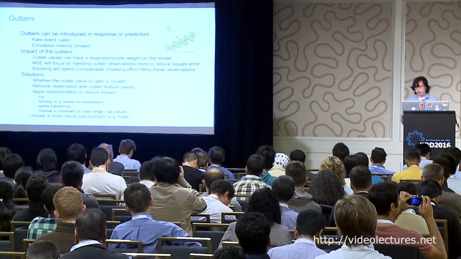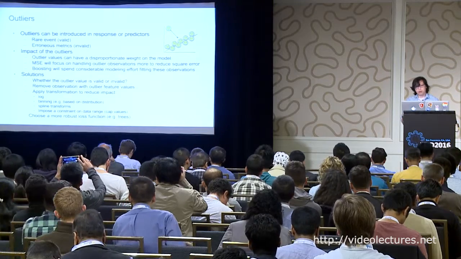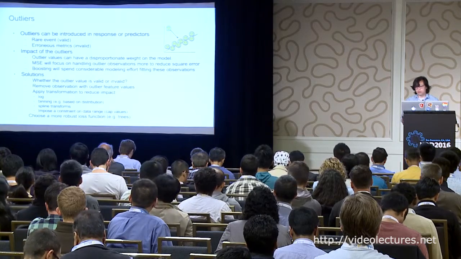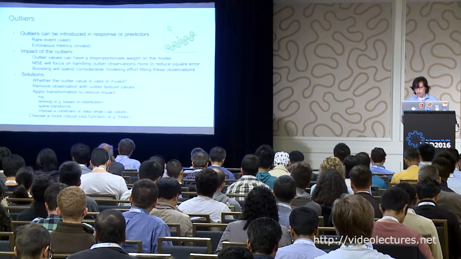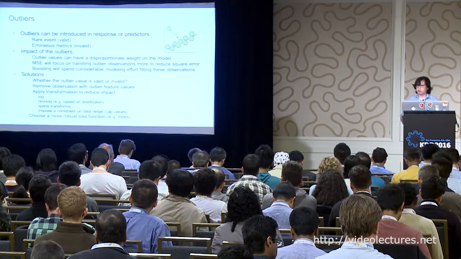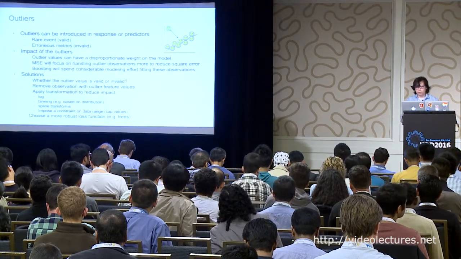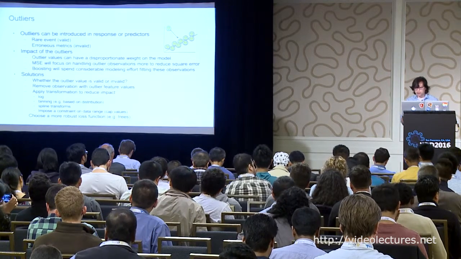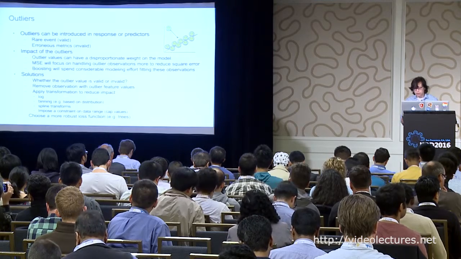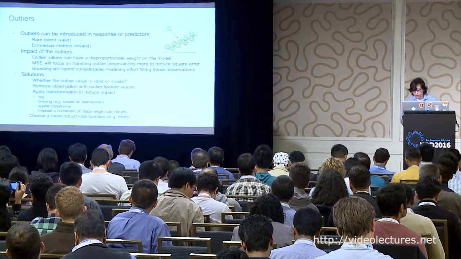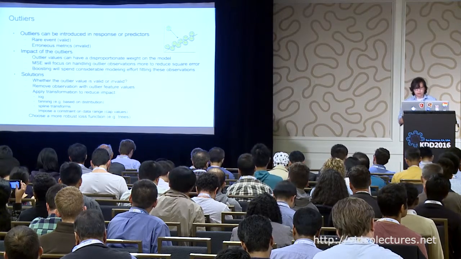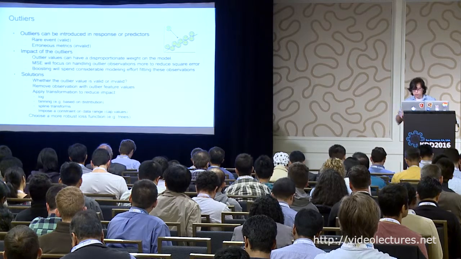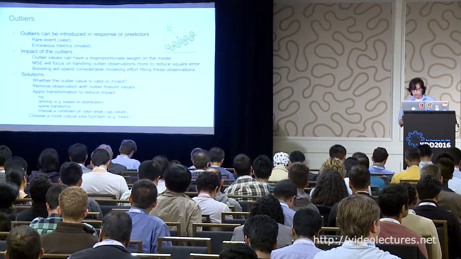There are also many erroneous metrics introduced into the model that are considered invalid outliers, and because of their existence, they will affect your model training significantly. For example, an outlier value will have a disproportionate weight on the model, or boosting will spend considerable modeling effort to fit those outlier observations.